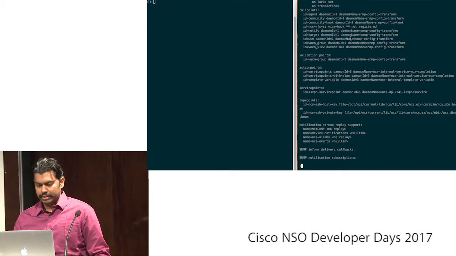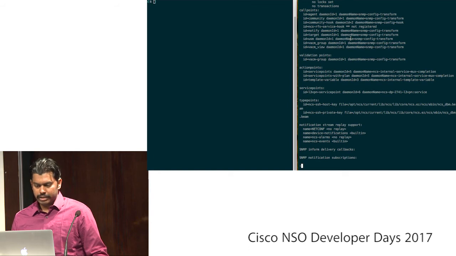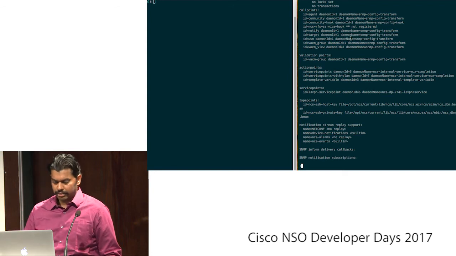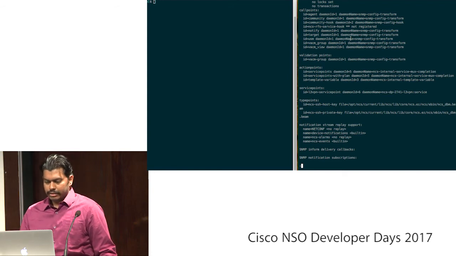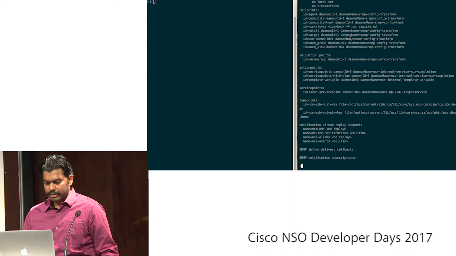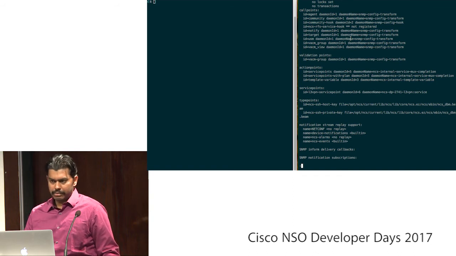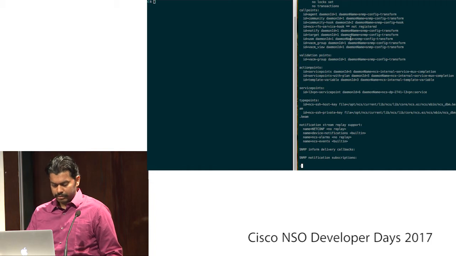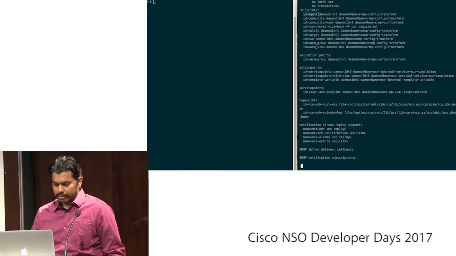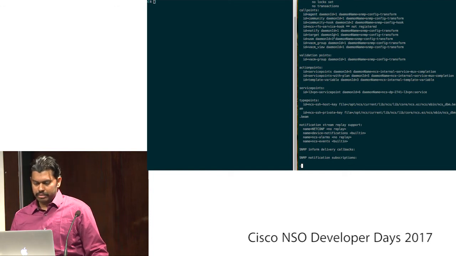If you see the daemon name to be unknown, that might mean that the Java VM is malfunctioning or the Java packages are not initialized or something like that. Or depending on how you have implemented it, if it's a Python package, then the Python VM is problematic. And if it's the other way around and some daemon is registered for a call point, but the ID is unknown, that means that the YANG model is not loaded properly.